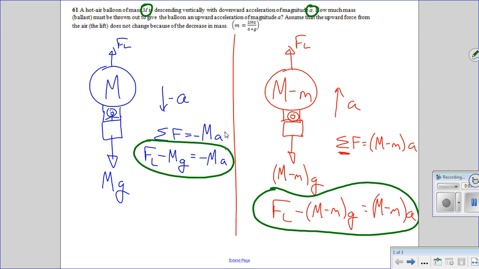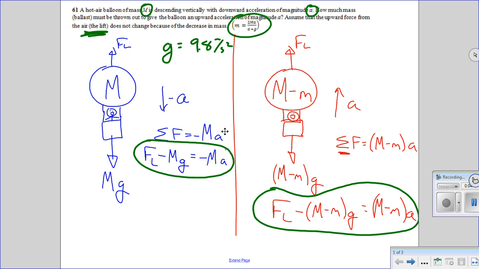And so our answer needs to be written in terms of those values. Yes, it sort of references the lift, but it doesn't tell us what that lift is, okay? So our answer needs to be in terms of those variables, and then any other constants we know. And you can see here that the answer is given. You can see that it uses g, and obviously we know that g is 9.8 meters per second squared.